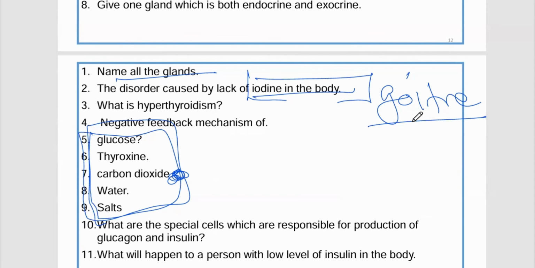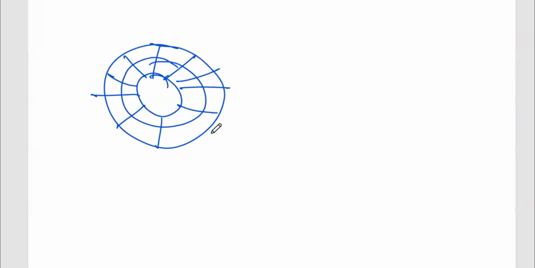Let me just keep quiet about it. But carbon dioxide, there are so many questions which relate to glucose and the thyroxine, but in most cases they like carbon dioxide and then water. So you must know that, but use the same principle. Let me just give you the same principle here.